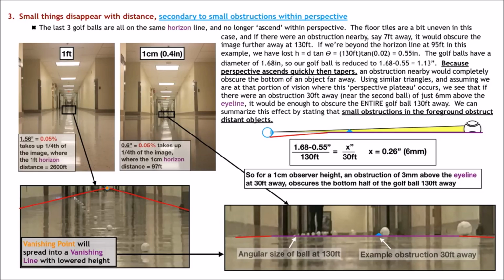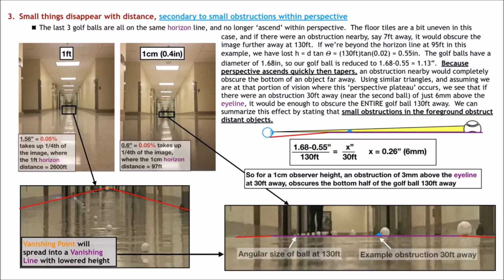And this is for the 1 centimeter observer height, so an obstruction of just 3 millimeters would obscure the entire bottom half of that golf ball. We would lose the bottom half of the golf ball.